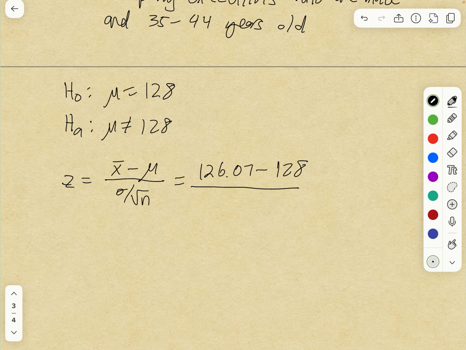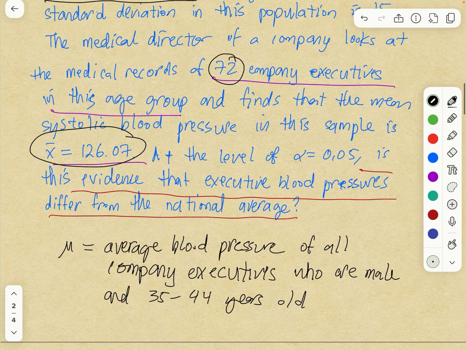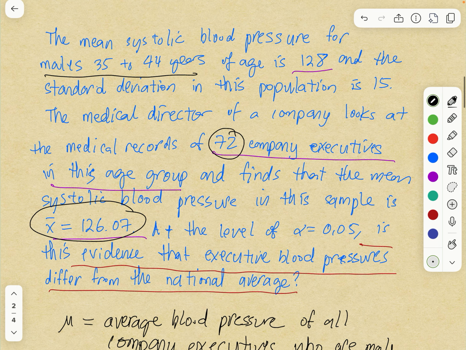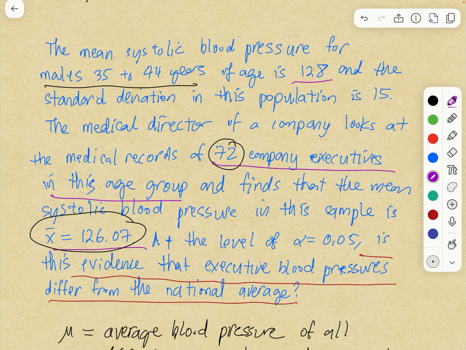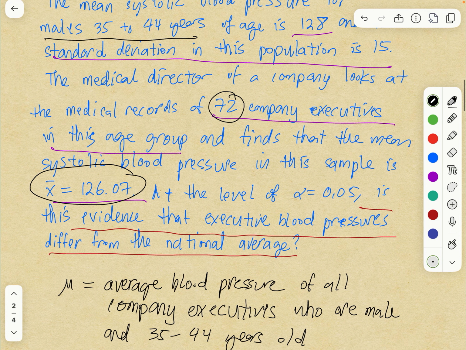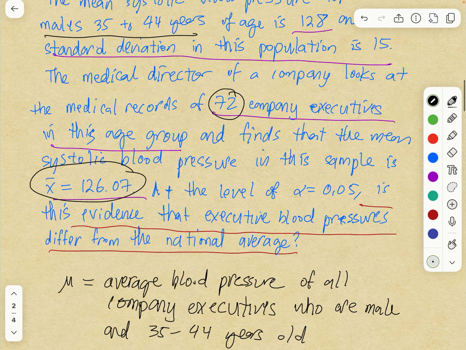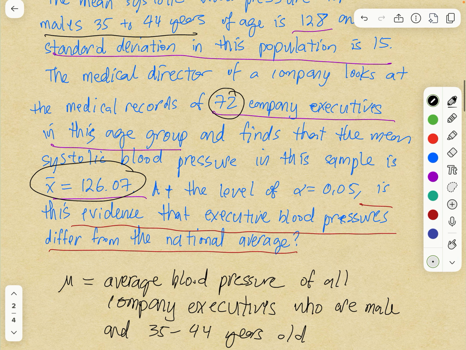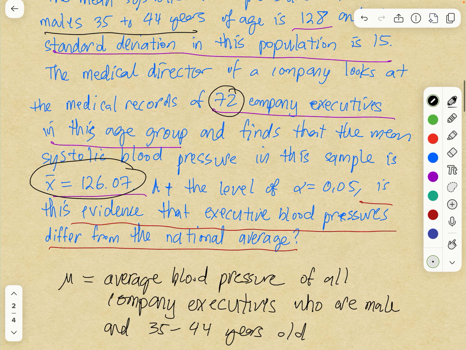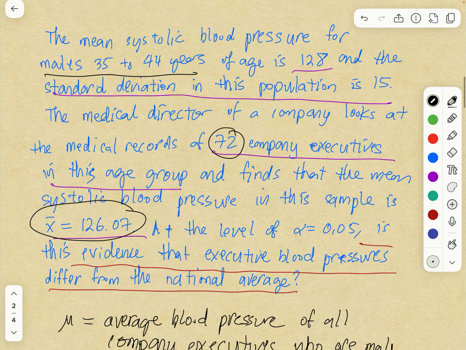And then divided by sigma, which is 15, because it says the standard deviation in this population is 15.